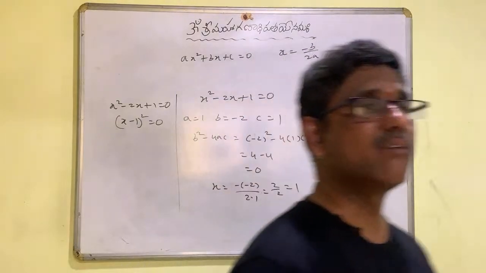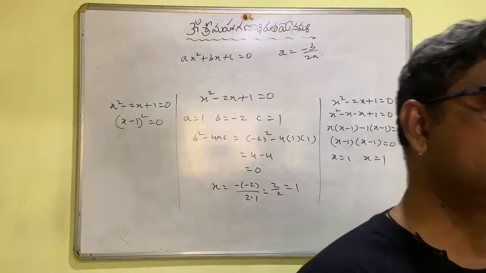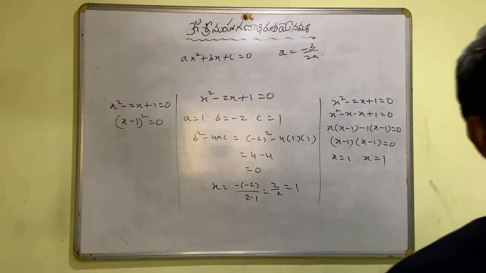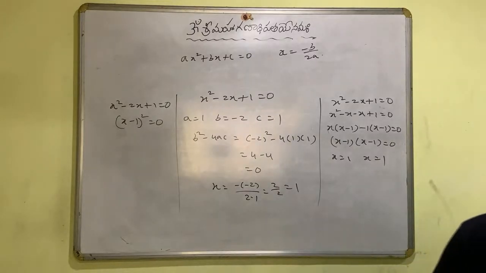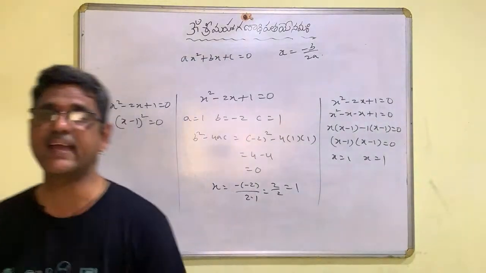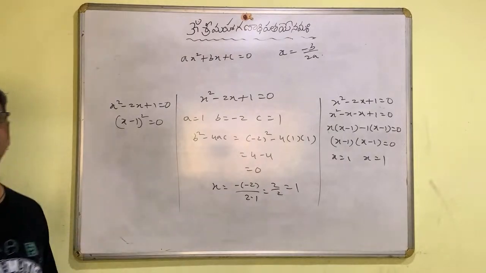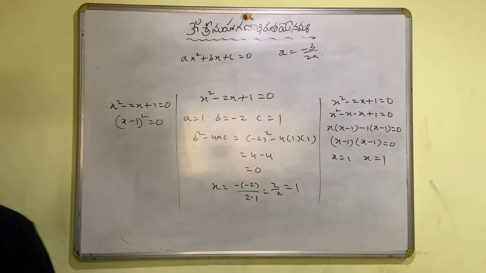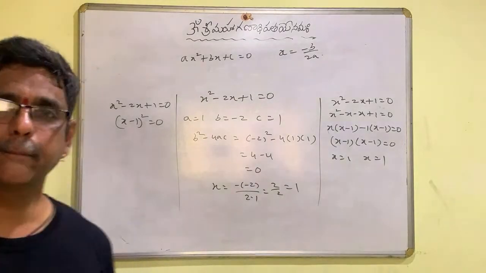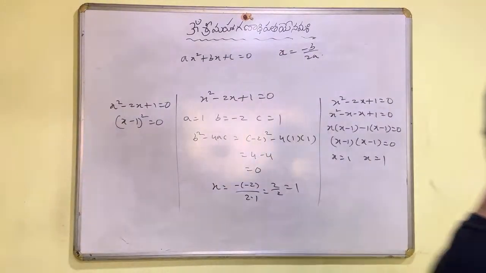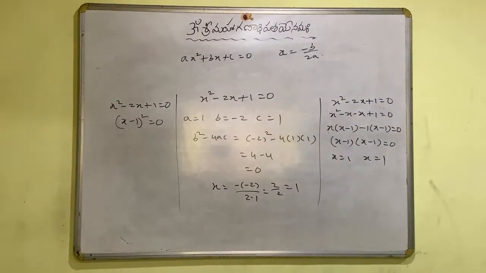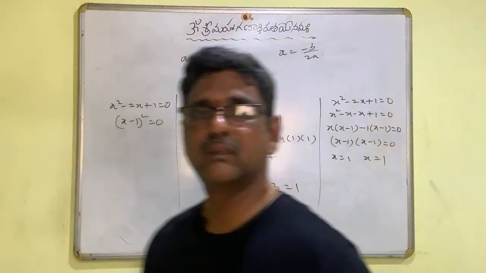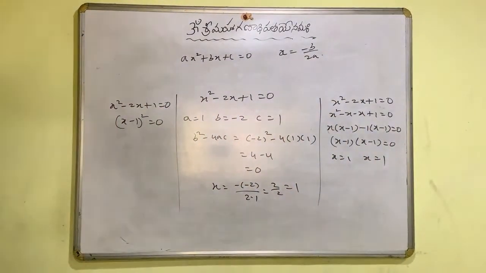Any quadratic equation which is having equal zeros is a perfect square. We can express it as either a minus b whole square or a plus b whole square. Is that understood, children?